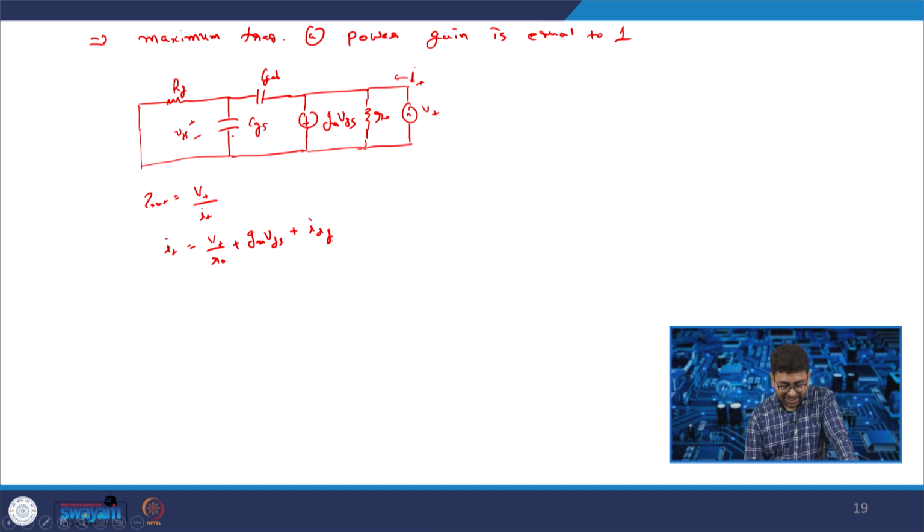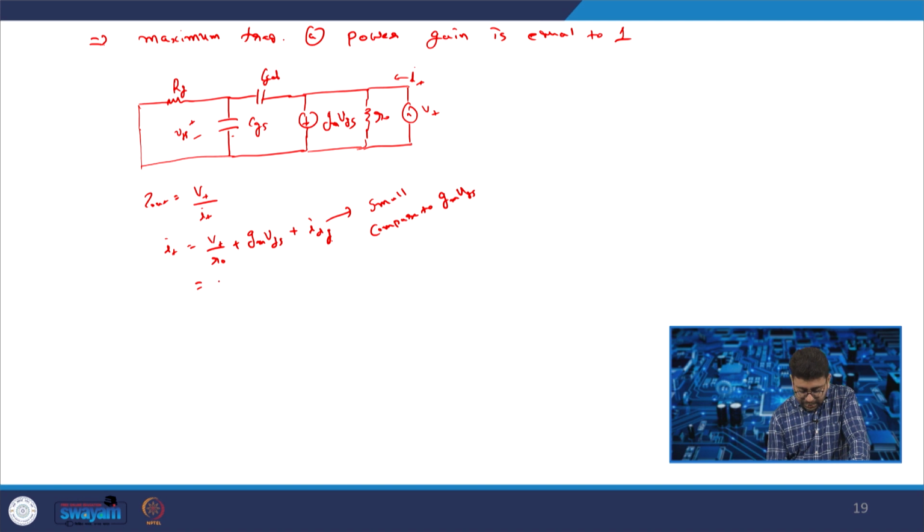This IDG is generally very small compared to Gm into VGS. So, we will mostly consider Vt by Ro plus Gm into VGS.